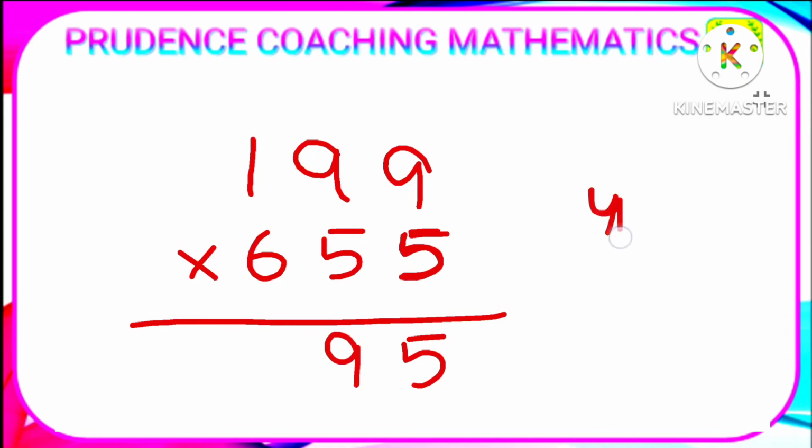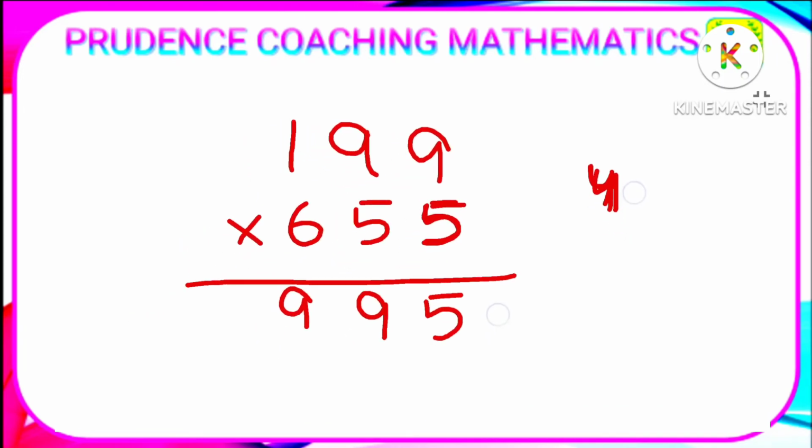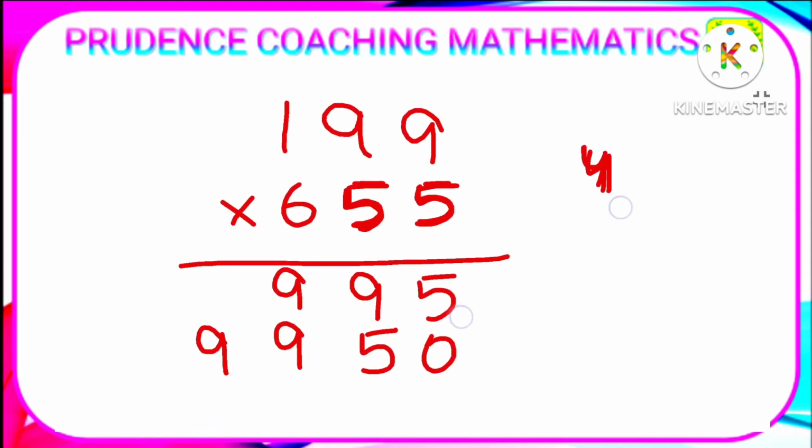Again 4 is carry. 5 1s are 5, 5 plus 4 carry, you will get here 9. So 995. Next we have 5 again. So after 5 we have one digit, so put a 0 over here. So with 5 you need to multiply 199 again. So as you are multiplying by the same number, we will get 995 again. You can multiply and check it.